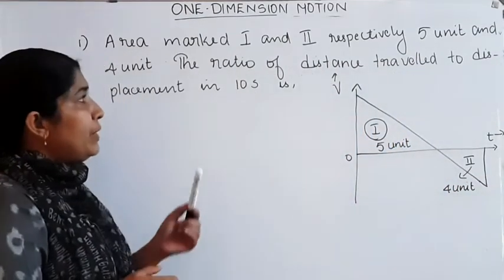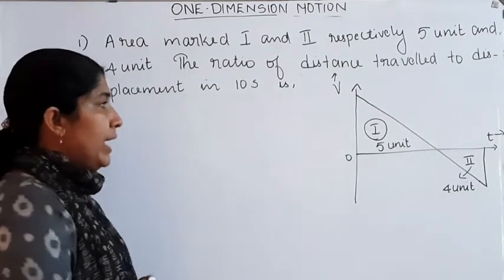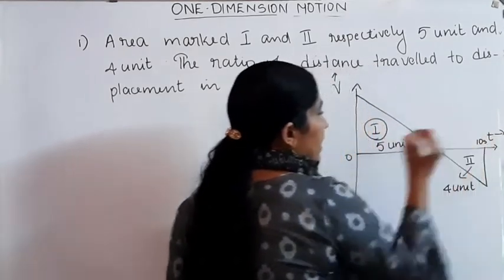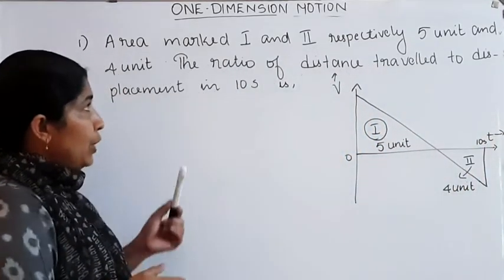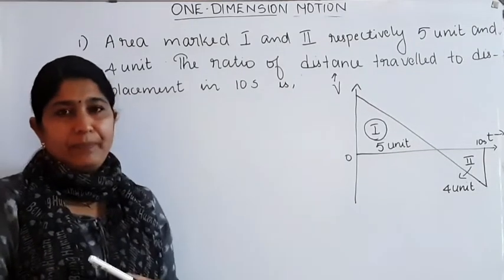The ratio of distance traveled to displacement in 10 seconds, from 0 to 10 seconds, is to be found.